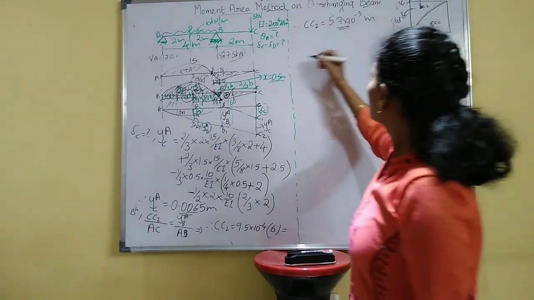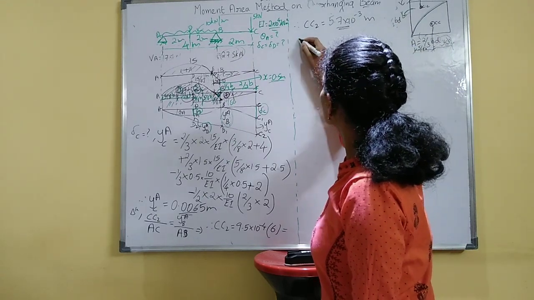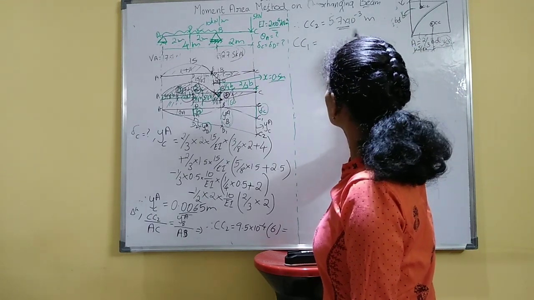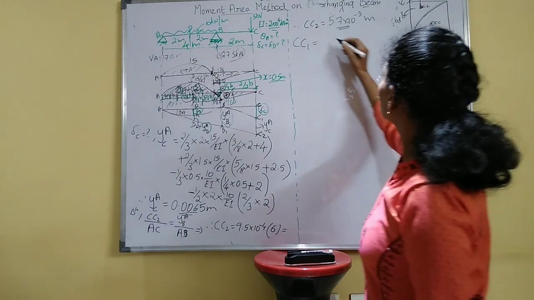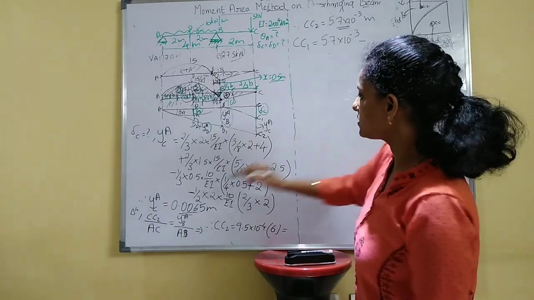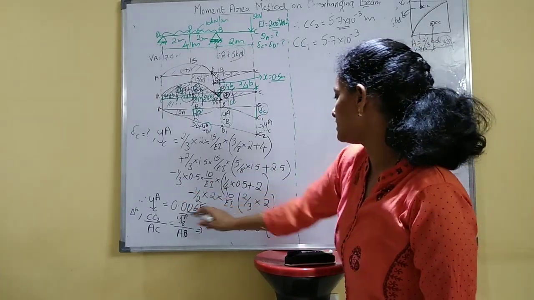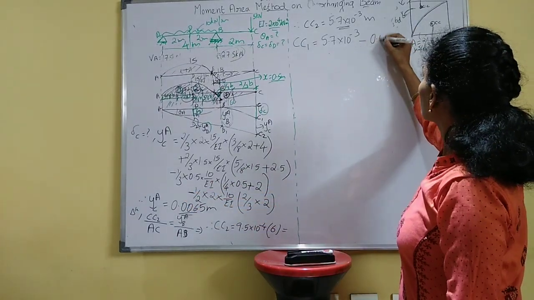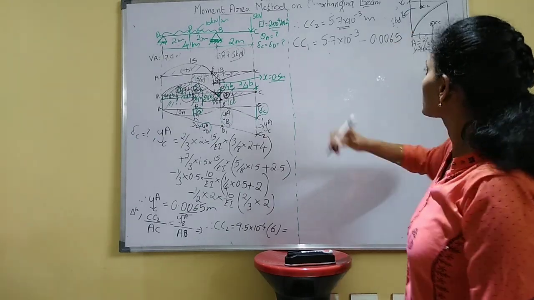Okay. Next, this CC1, which is nothing but 5.7 into 10 power minus 3 minus this YCA, that is 0.0065.